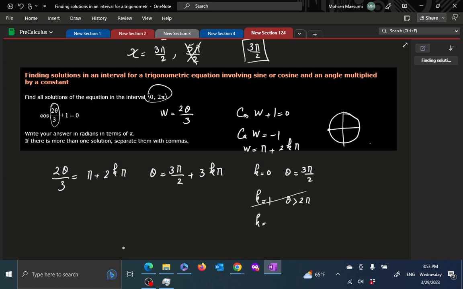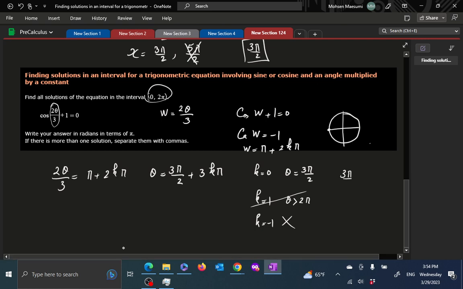What if I take k equal to minus 1? Now I'm subtracting 3 pi from this. 3 pi over 2 minus 3 pi is going to be minus 3 pi over 2, and that one is also out. So the only solution that survives this screening process is the value of 3 pi over 2, and then we are all done.